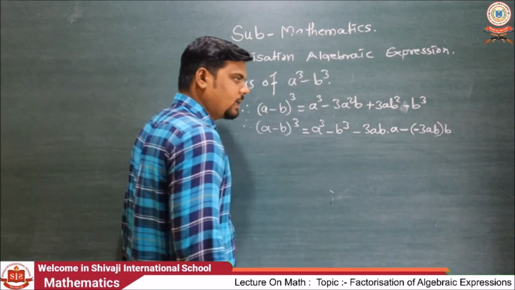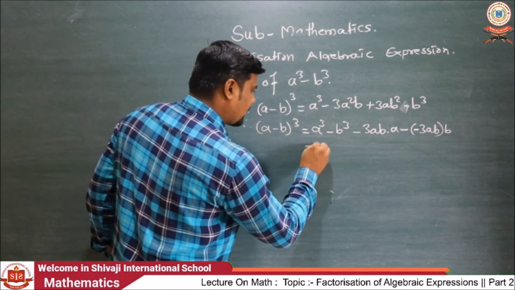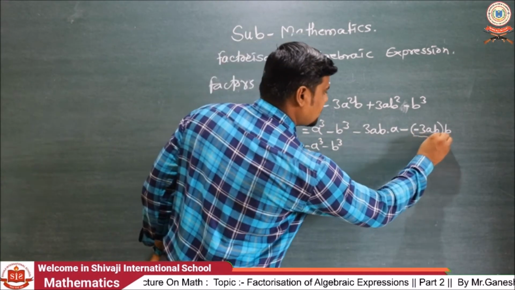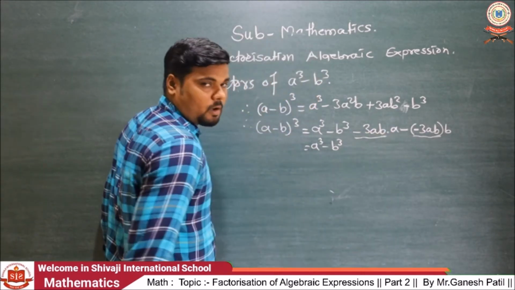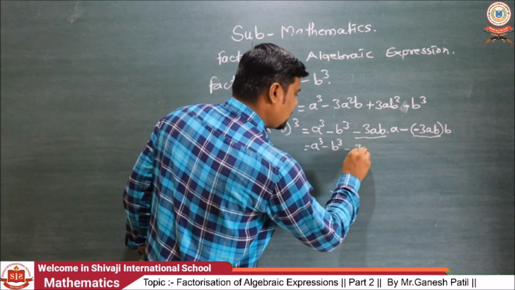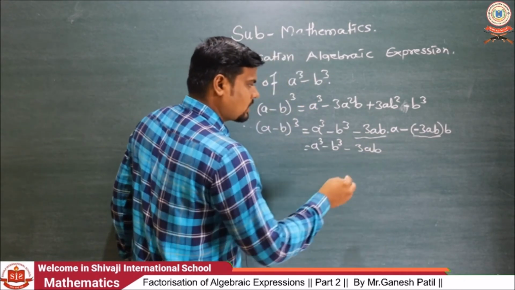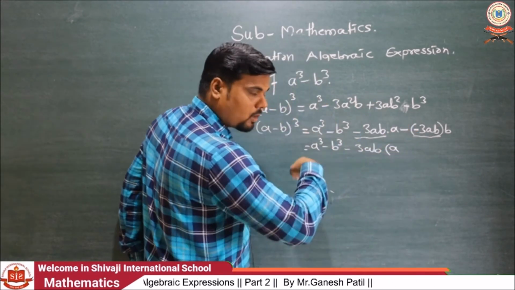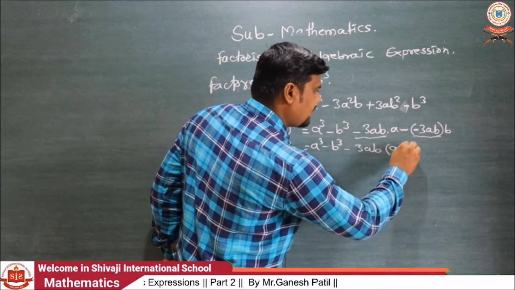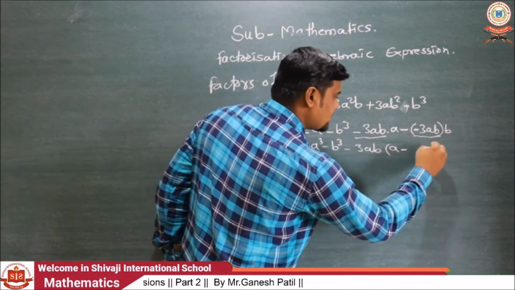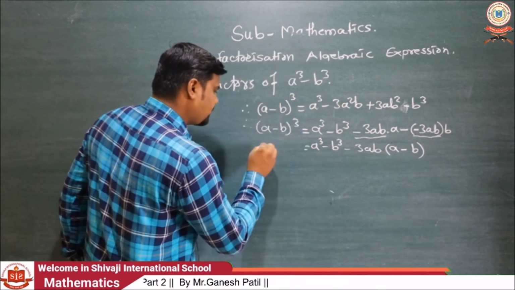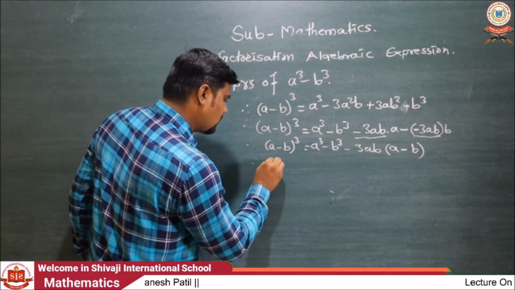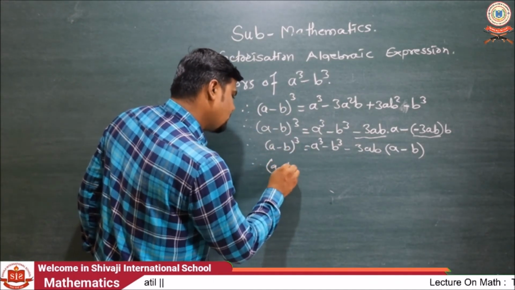Then a³ − b³ − 3ab is common, and here is a and b, but this minus sign remains. That's why writing here minus and this b. Okay. (a − b) cubed, (a − b) cubed.